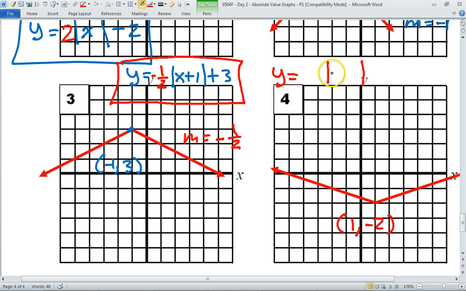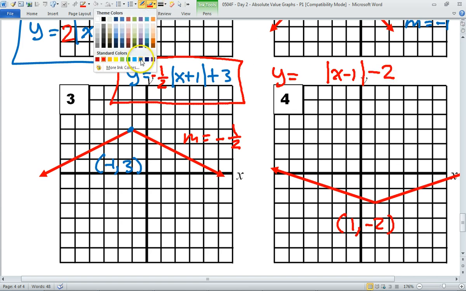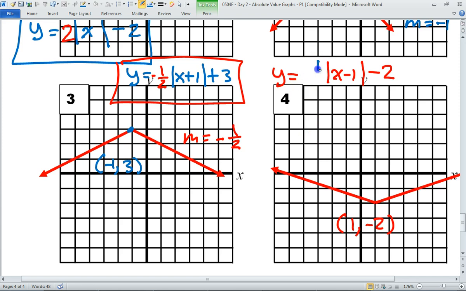The absolute value of x minus 1, and outside, minus 2. Now tell me what goes in front. 1/3, because of the slope, up 1 over 3. Do I leave it positive or should there be a negative sign on that? Leave it positive. It's an upward facing V, so we know it's going to be a positive slope.